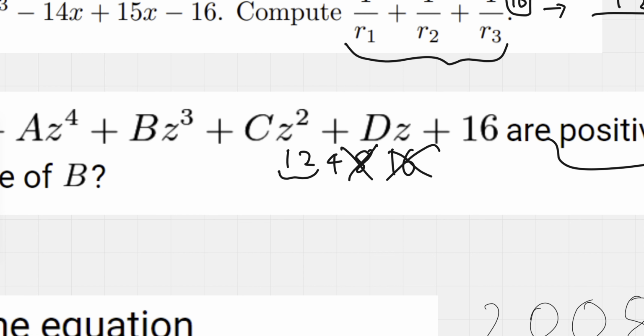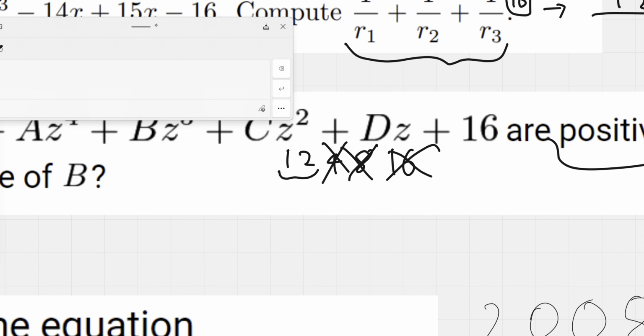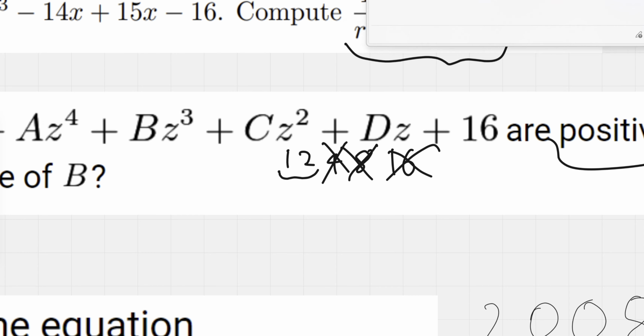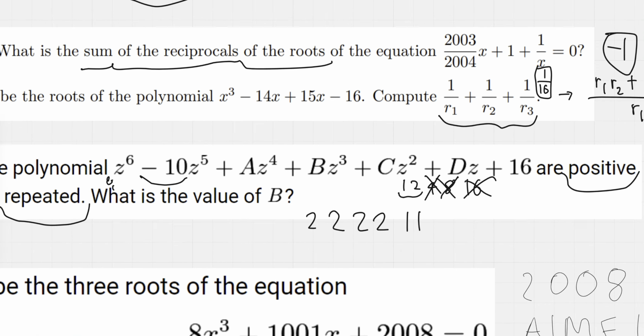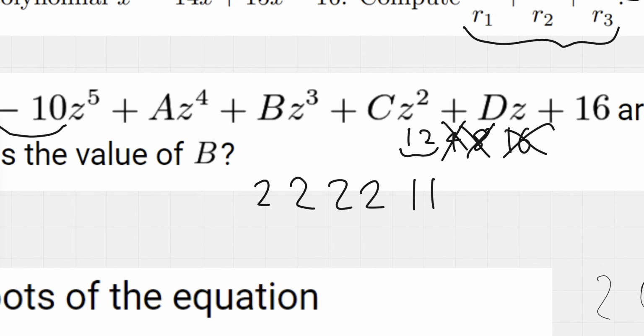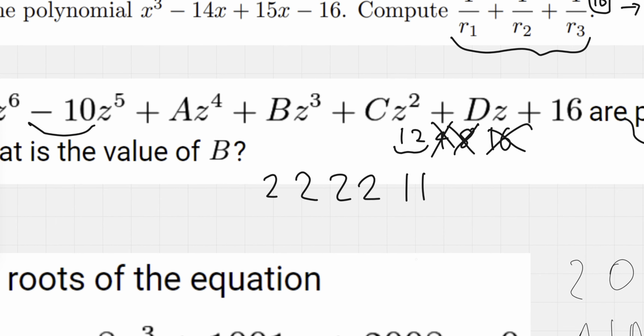Not what we want either. So we can only use 1s and 2s. So if we want to make 16 with only 2s, you need 4 2s and conveniently 2 extra spots left for just 1s.